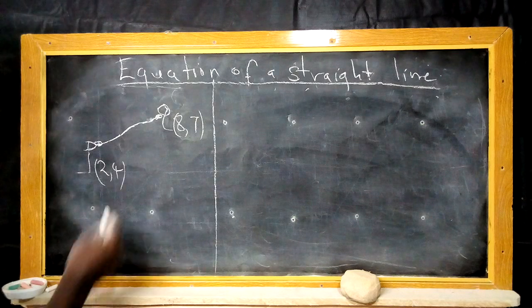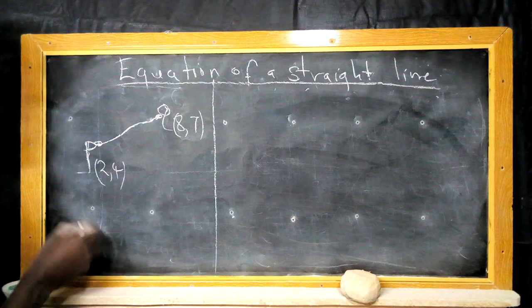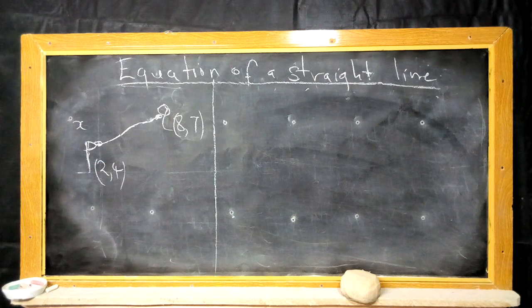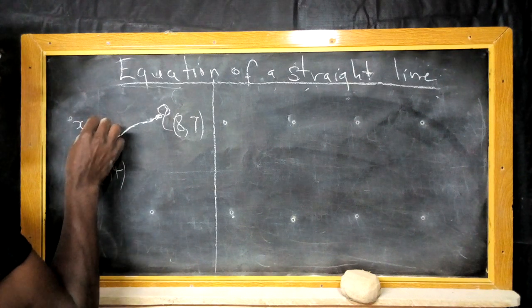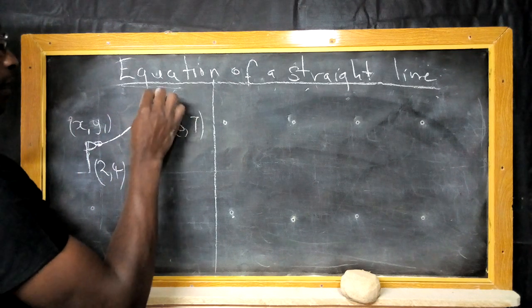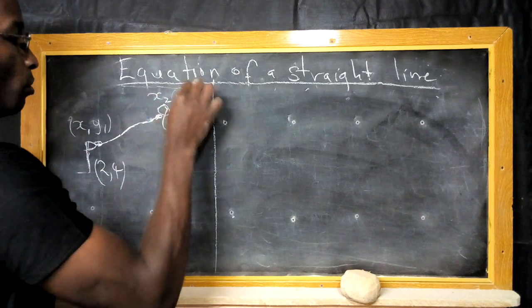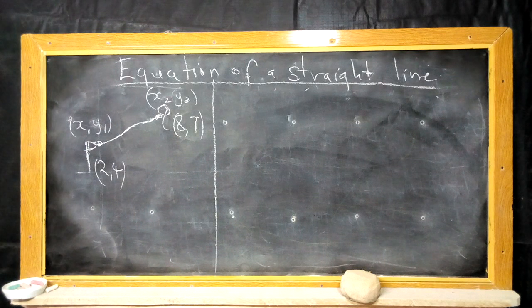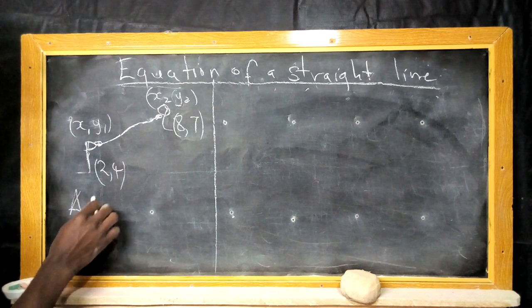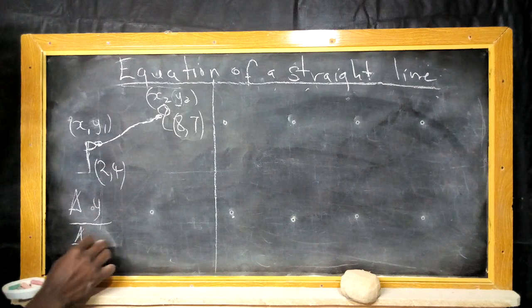So we said that we can allocate these points by giving them arbitrary labels. Let's say that this is point x1, y1, and this is point x2, y2. And we can find the slope by finding the change in y over the change in x.